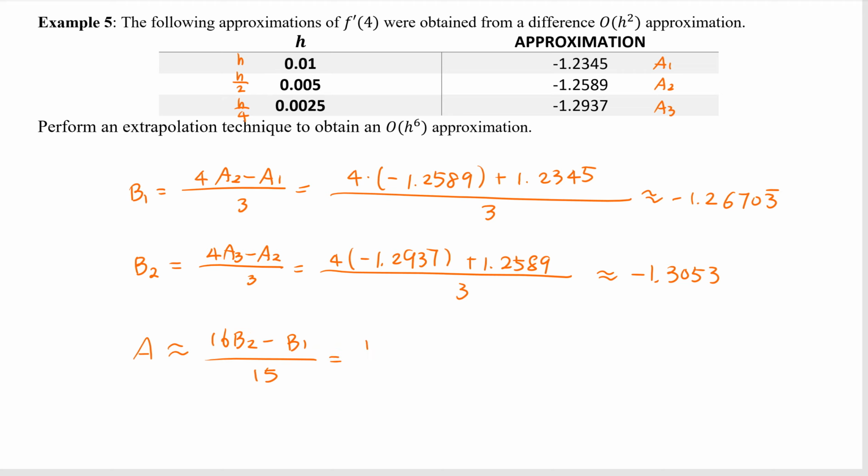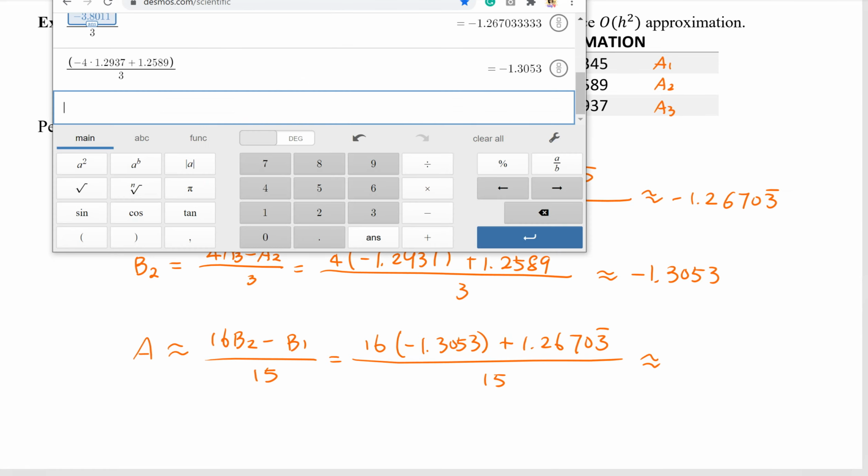So that equals 16B2. B2 is negative 1.3053. And then minus negative becomes plus 1.26703 repeated, all over 15. Let's see, here we have parentheses, and then this number times 16.